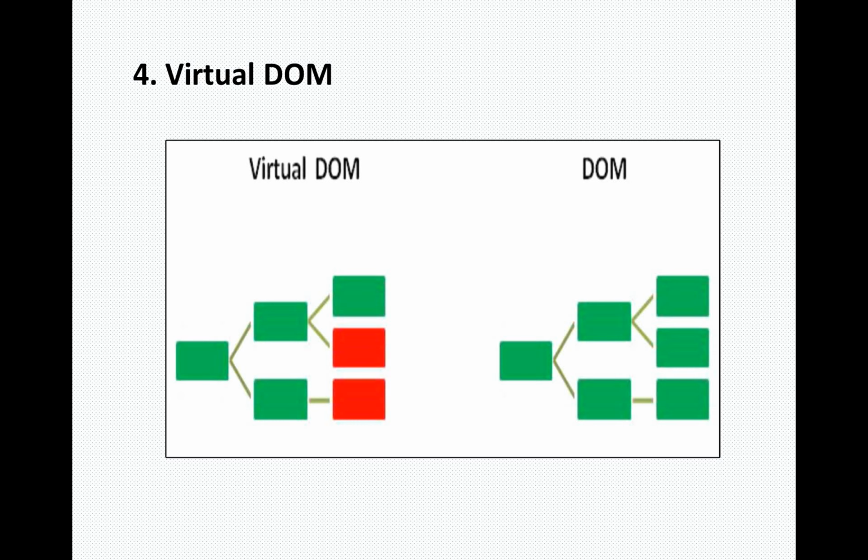But in virtual DOM, let's suppose it's highlighted in red, anything you change in the red area, only that area will be rendered. That is the beauty of virtual DOM. No need to render everything, so it improves performance and is better in terms of responses. That is all about the virtual DOM of React.